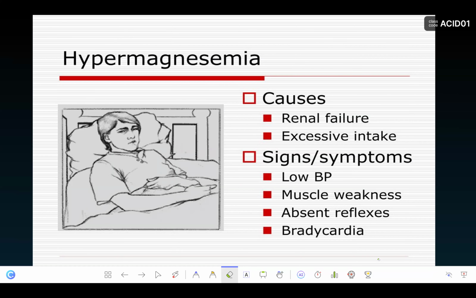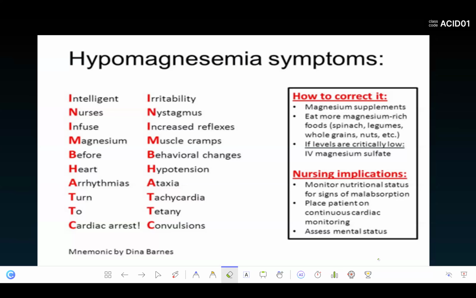Hypomagnesemia, which is basically when we have not enough magnesium, has symptoms that include irritability, nystagmus, increased reflexes, muscle cramps, behavioral changes, hypotension, ataxia, tachycardia, tetany, and convulsions.